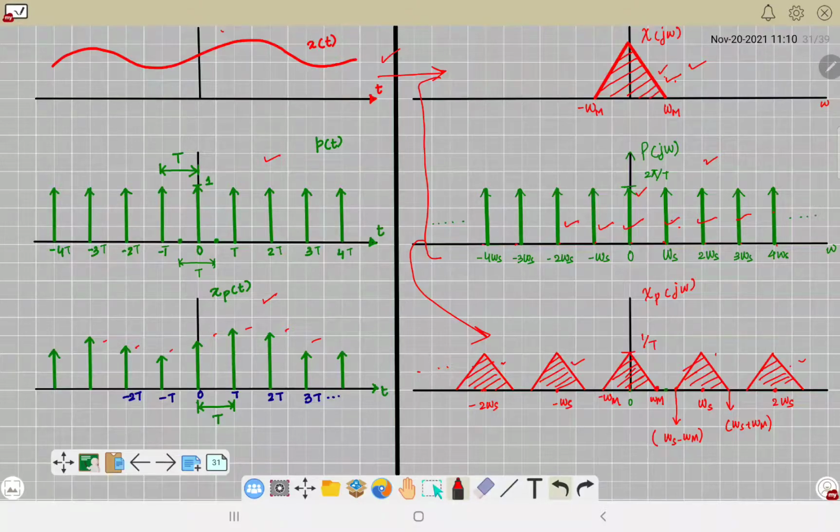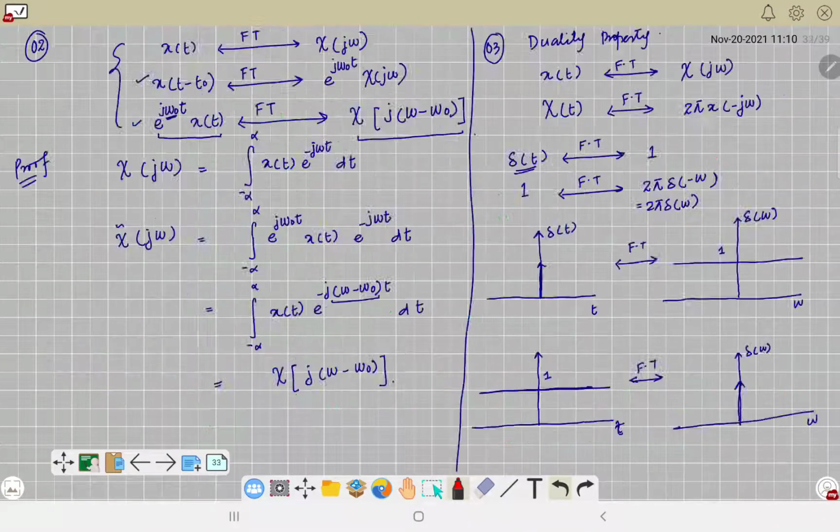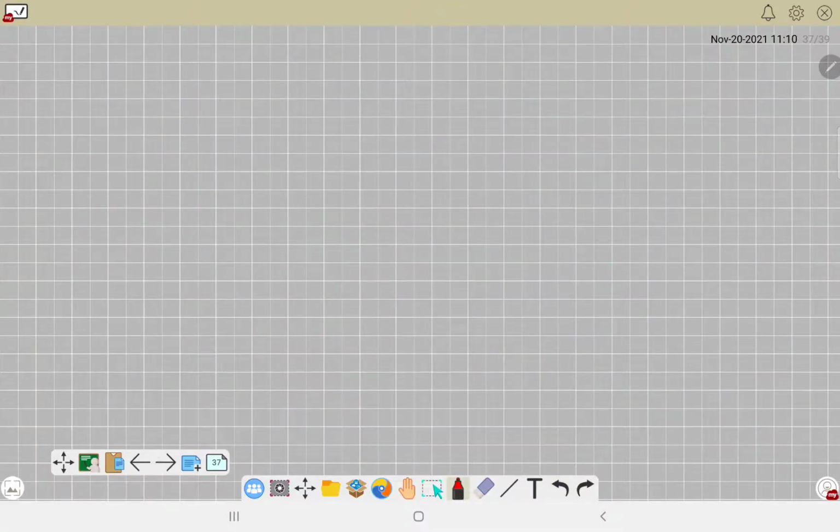If you observe the waveform, here I have ω_m, and this point is less than ω_s minus ω_m, because there is a spacing between these two waveforms. So in an ideal case, you can say that sampling is done in such a way that the individual bands are not overlapping.